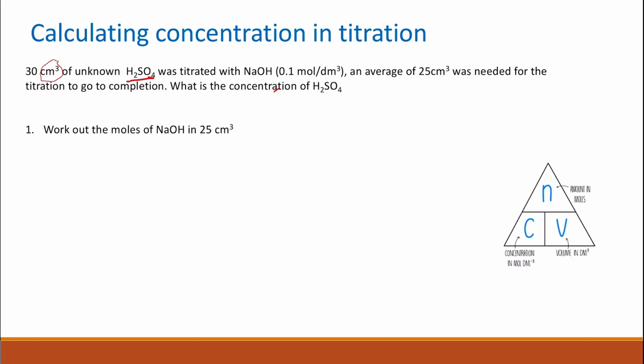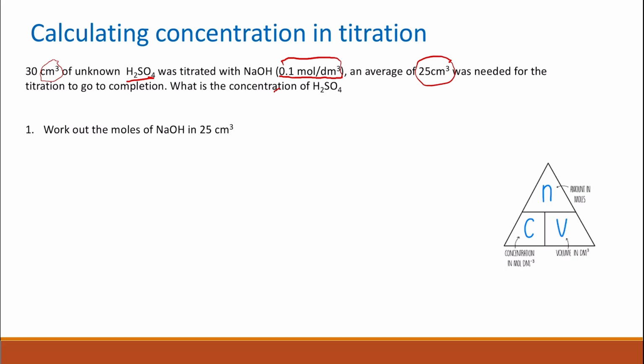The concentration of sodium hydroxide is 0.1 mole per decimeter cubed, and the volume of sodium hydroxide that is used to completely react with the sulfuric acid was 25 centimeter cubed. So what would be the concentration of sulfuric acid?